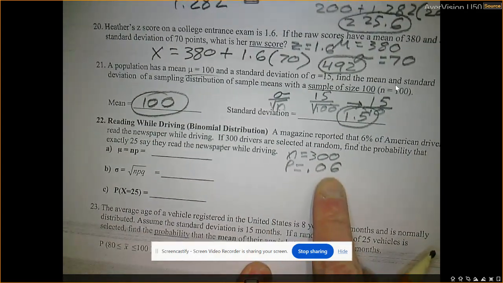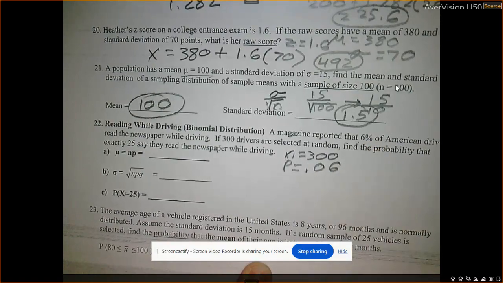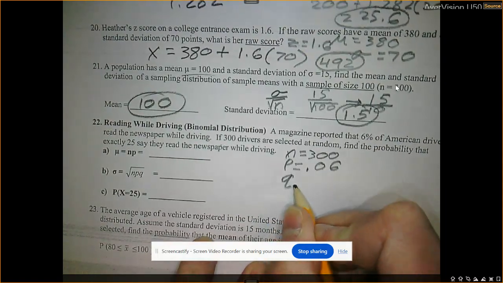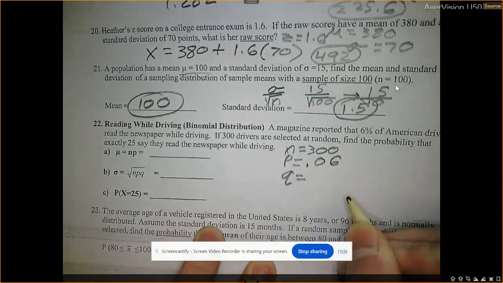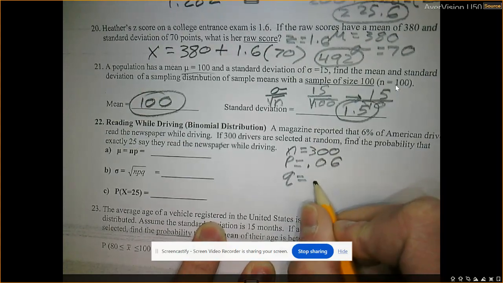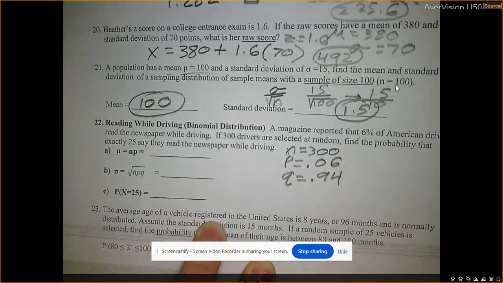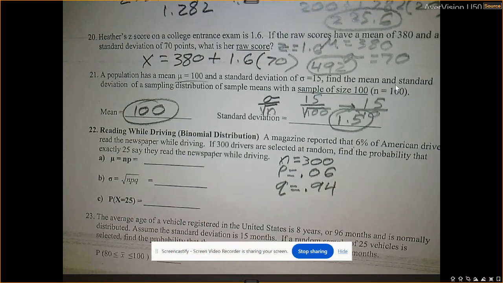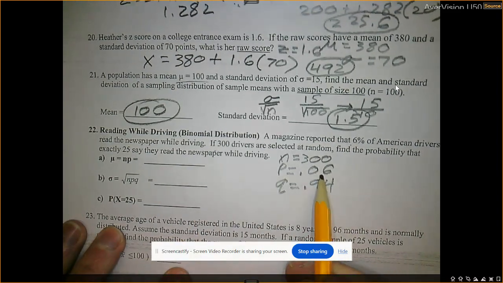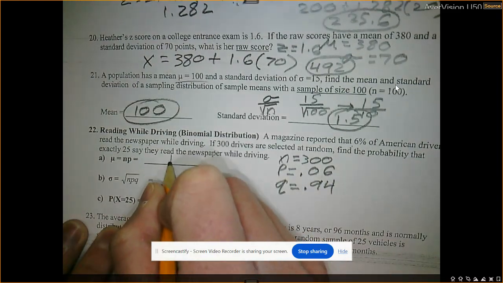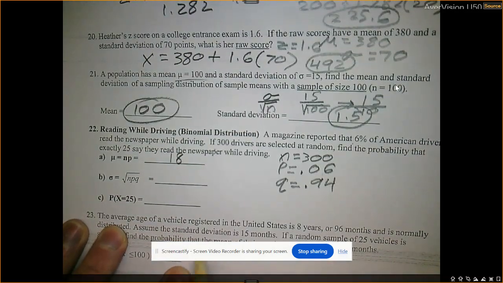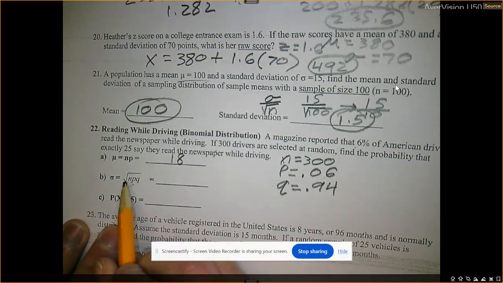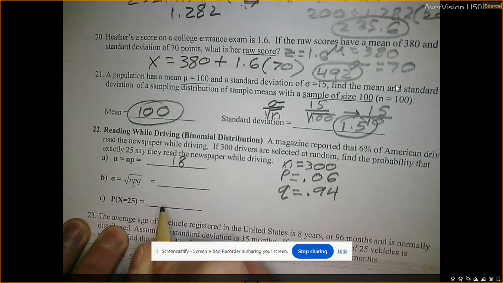So a yes is, yes, they read the newspaper. That's 6% of them, which means the no's and the failures in this case, which is q, is 1 minus 0.06, which is 0.94. Okay, that's everything we need. n times p, that's 300 times 0.06, and that's 18. Now for B, you have to do n times p times q.